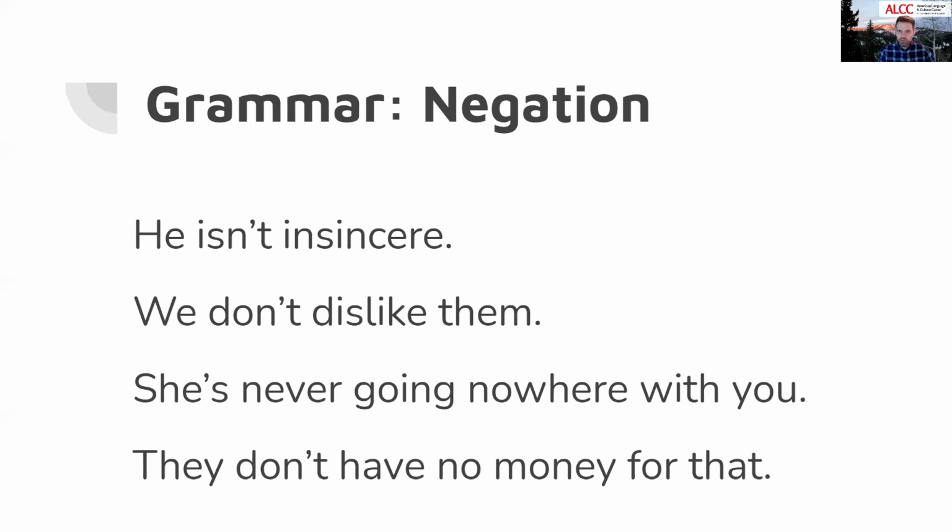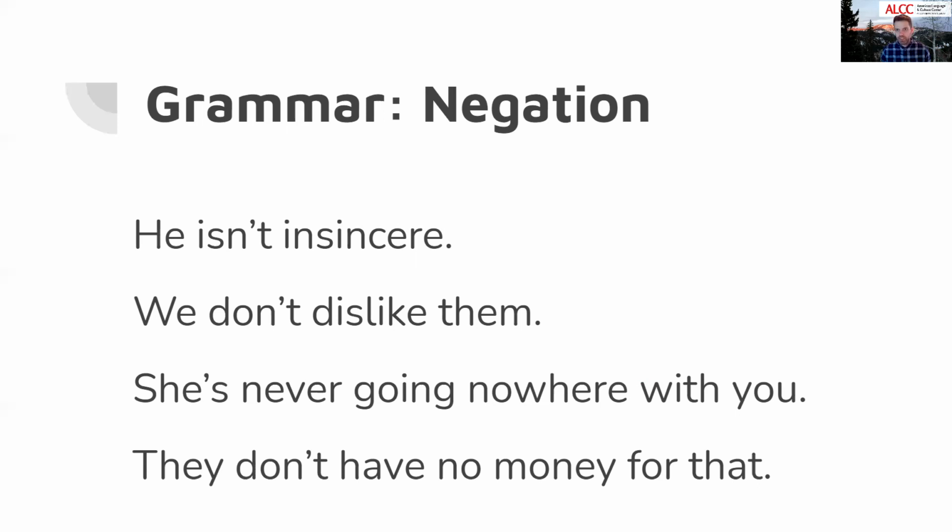She's never going nowhere with you, or they don't have no money for that. As you hear these, you may judge these sentences. They are not standard American English, and there's a lot of stigma attached to this kind of negation. In fact, these are not really considered double negatives in the sense of the first two, where the one negation cancels out the other negation.